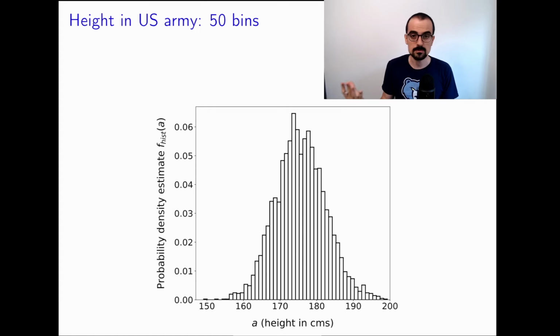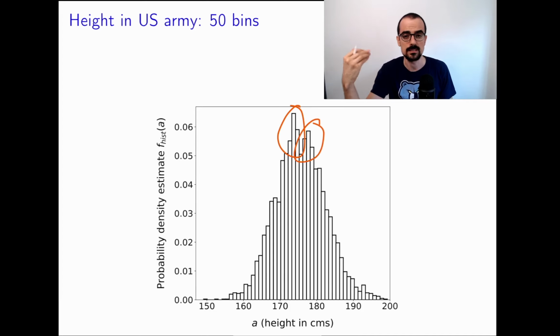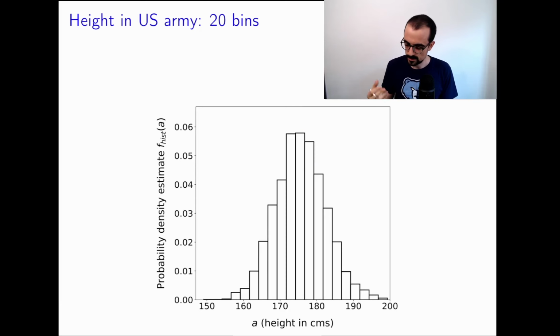So we're good. This is a histogram with 50 bins. You can see that when we use very fine bins, the empirical probabilities are not going to be very precise if we don't have a lot of points in each bin, and that results in a noisy estimate. If we make bigger bins, it's going to be much more stable.